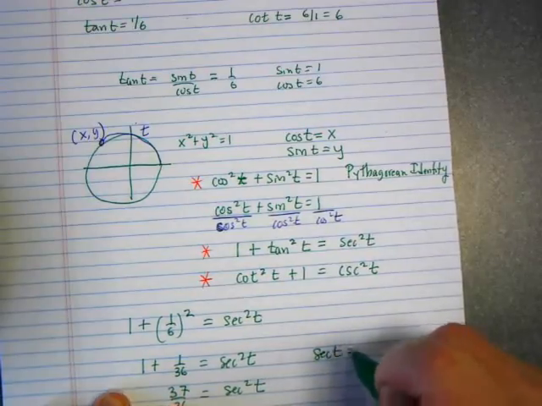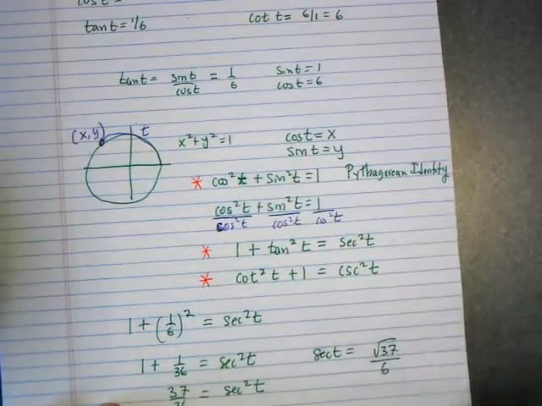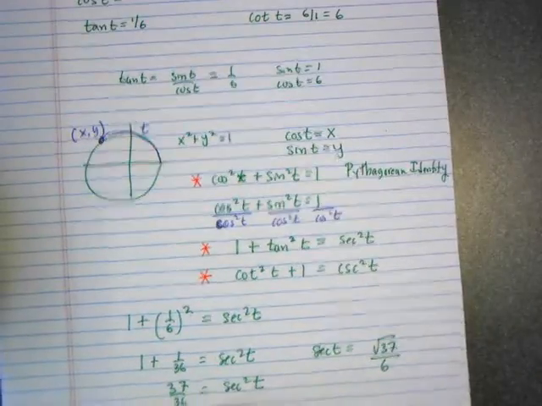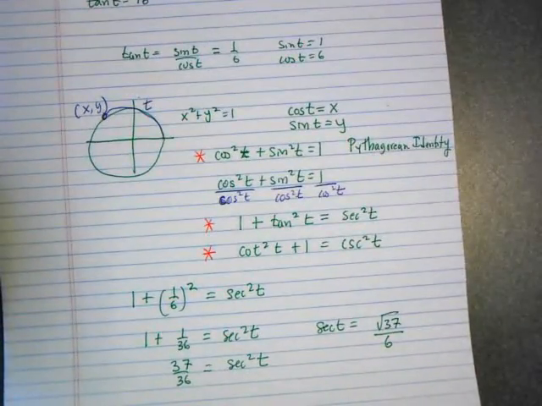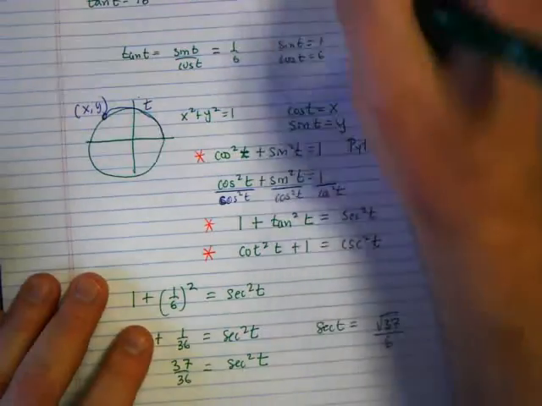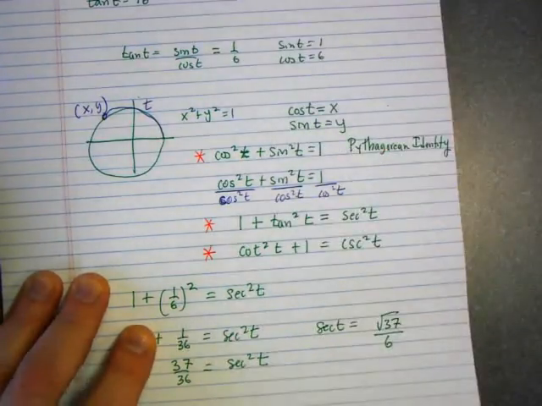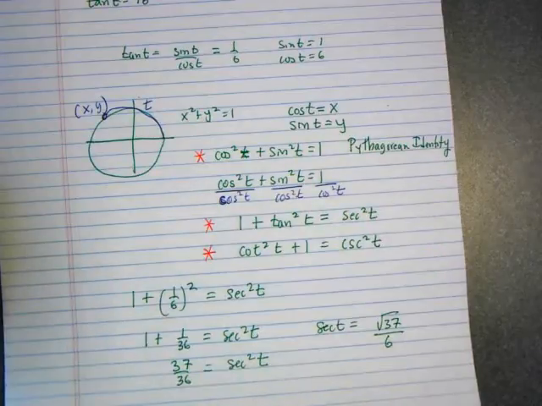All right, so secant of t is negative square root of 37 over 6. I do square root on bottom. The square root of 36 is a nice number. It's just 6. So I would leave it that way. All right, so I can go up here, and I can fill in secant is square root of 37 over 6. Now that I know secant, which one can I find without doing much work at all?